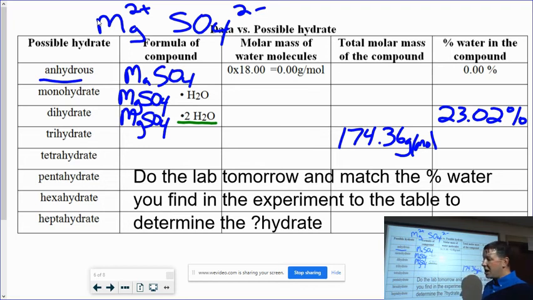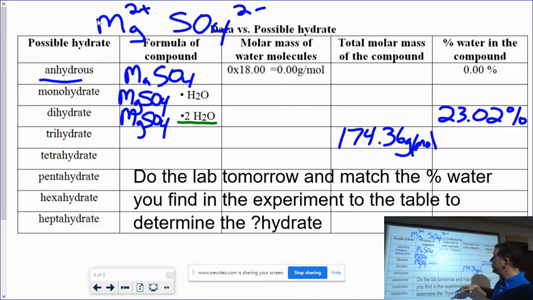By filling out this chart, here's what we're going to do when we do the lab tomorrow. You will put some compound into a container. You'll get the mass of that compound. You'll heat it up, and water will be driven off. We'll take the mass of the dry stuff, and figure out how many grams of water you had in the compound.